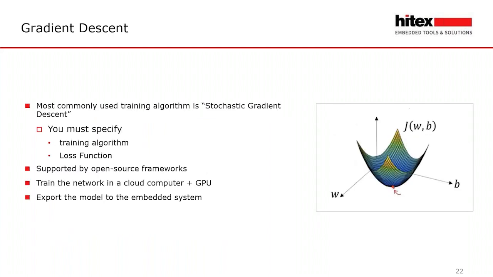So what we're in effect trying to do is adjust all of our weights so that they minimize the error. We're navigating to the bottom of the feature landscape until we get a minimum error so that we recognize our particular algorithm. And the training algorithm that we commonly use is called stochastic gradient descent.